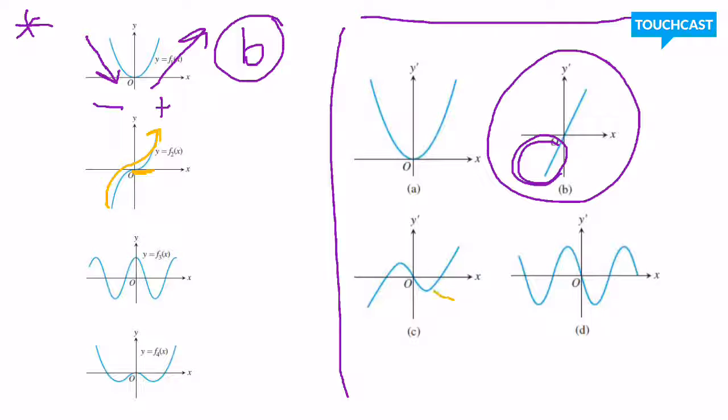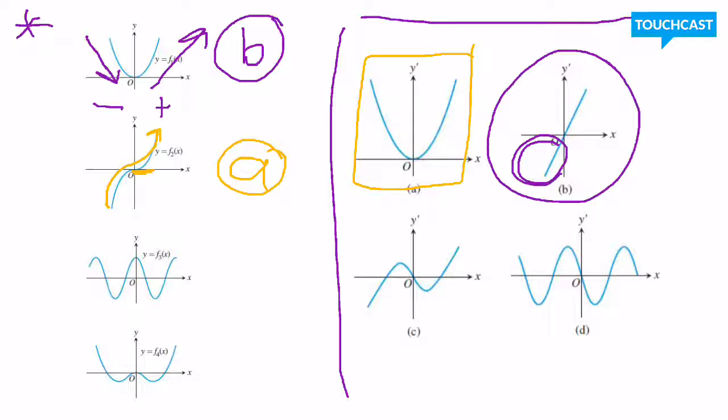Well, I notice there's negative values here and negative values here. I'm going to rule them out. I notice this function has no negative outputs. There are other places we could check. I say that this graph matches choice A.